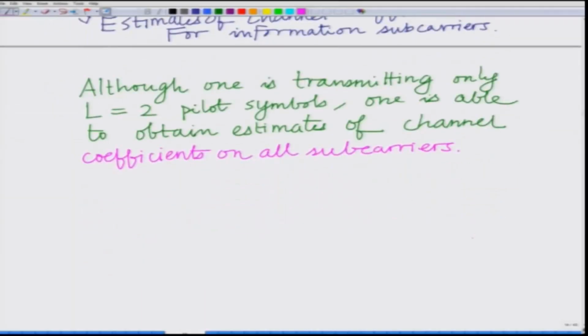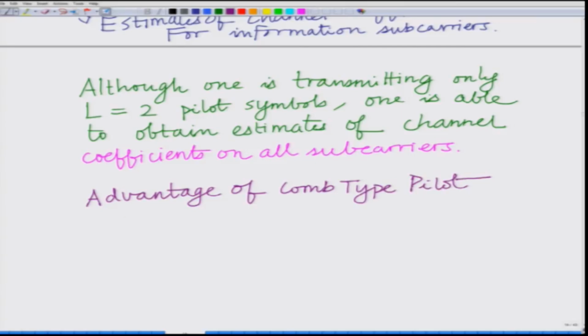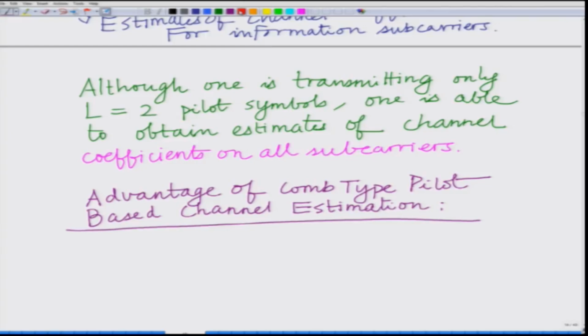So, let us note that down also: what is the advantage of comb type pilot based channel estimation scheme?